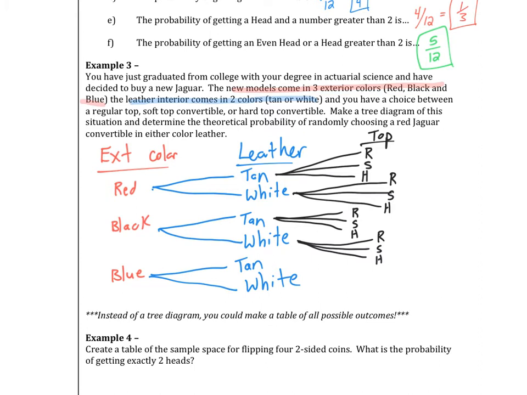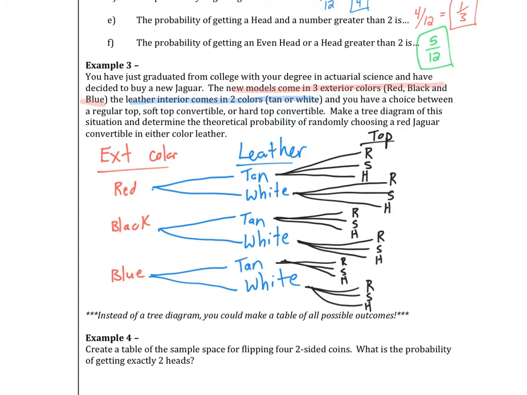And then last one, the blue and tan one could have a regular, soft, or hard convertible. And the blue-white leather could be regular, soft, or hard convertible. So you see how they all kind of branch off, and there's many, many possibilities.